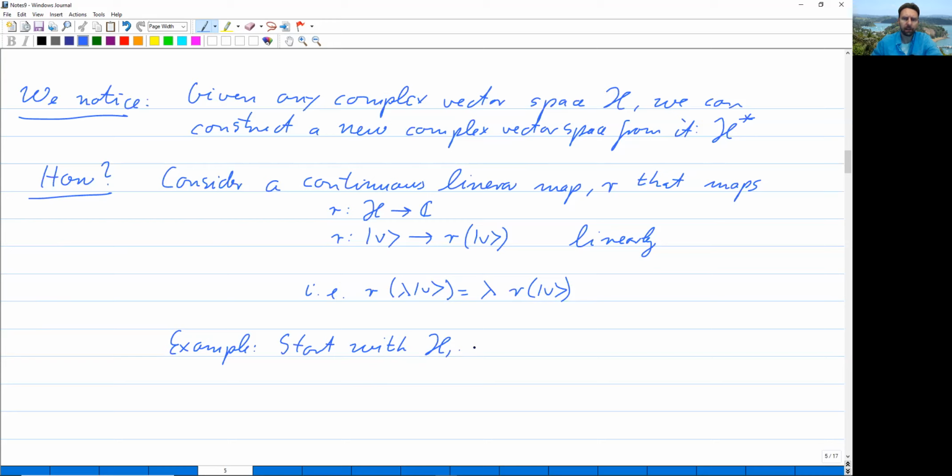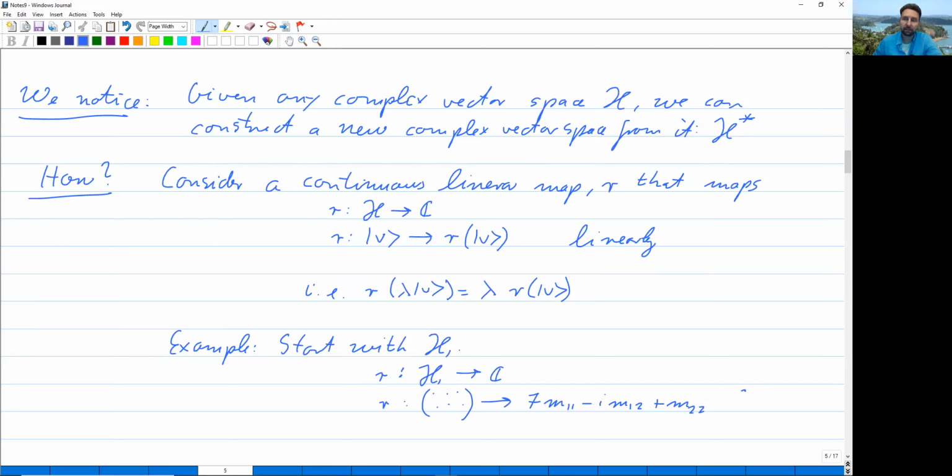So R maps H1 into the complex numbers, namely R takes one of those matrices, with M11 to M23 up here, and maps it into 7M11 minus I M12 plus M22, right?